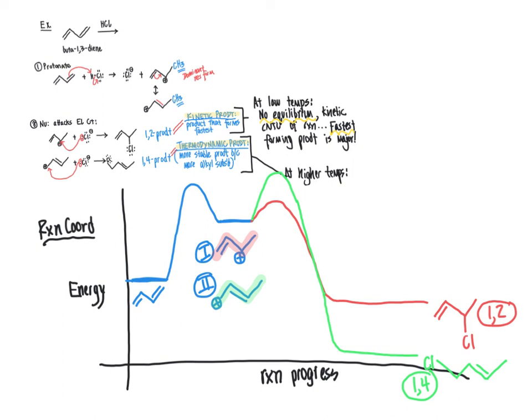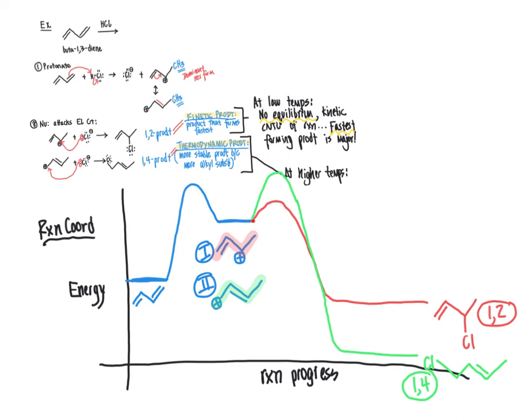And so the way that we can control this is if we keep the temperature low. At low temperatures, there is no equilibrium. So whatever route is the fastest initial pathway through here, that is going to be what is stuck as the final product. There's no equilibrium, in other words, at the really low temperatures. And so following through the pathway, starting the reaction at low temperature, when we get to this point, the reaction is going to take the lowest energy route through, very favorably.